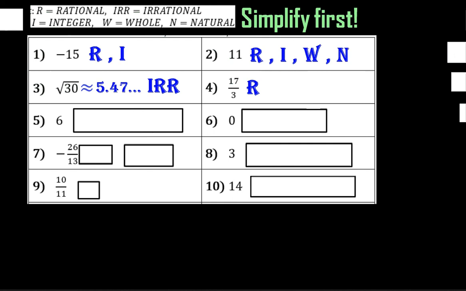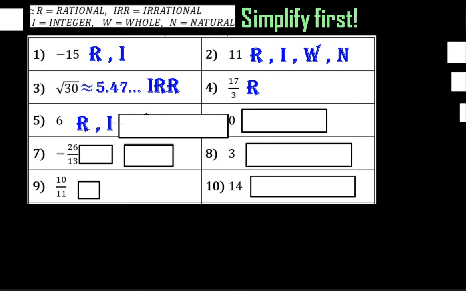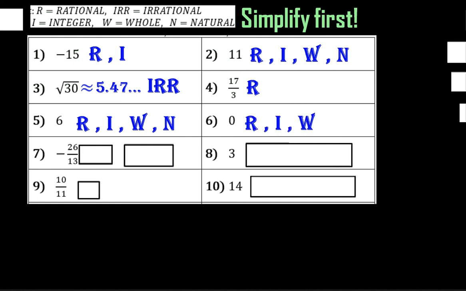For 6, again, that's a counting number, and so I can include all those subsets. It's rational, integer, whole, and natural. For 0, a little bit different. It's rational, integer, and a whole number. For negative 26 over 13, make sure you simplify, and we say that's equal to negative 2.